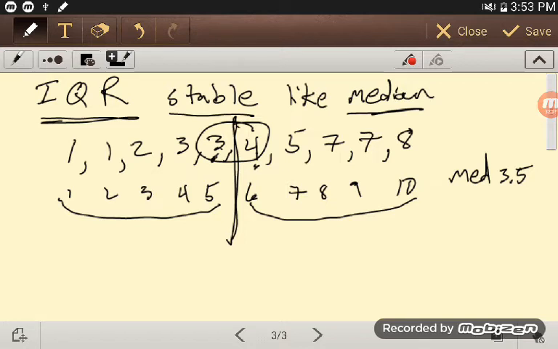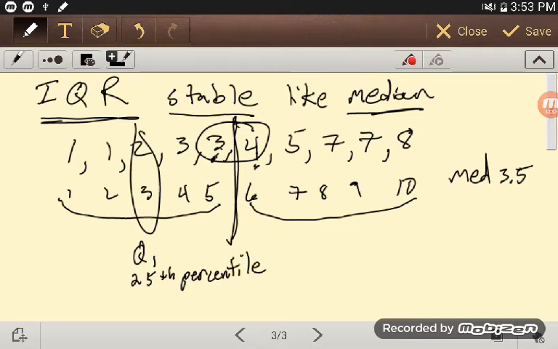Because here, if I keep all 5 numbers, then there is my median, and I would call that Q1, or the 25th percentile. And here, it would be the 7, and so there's Q3, the 75th percentile.